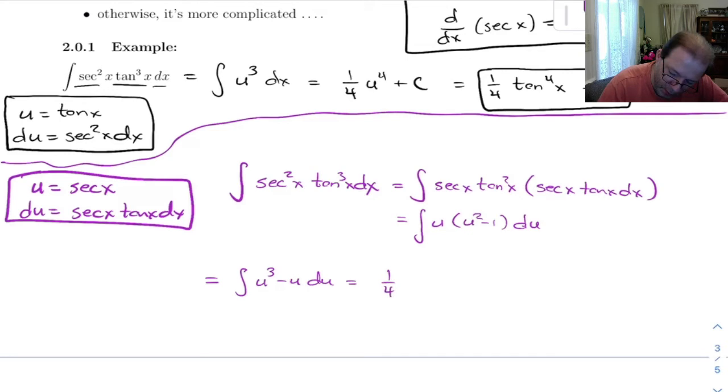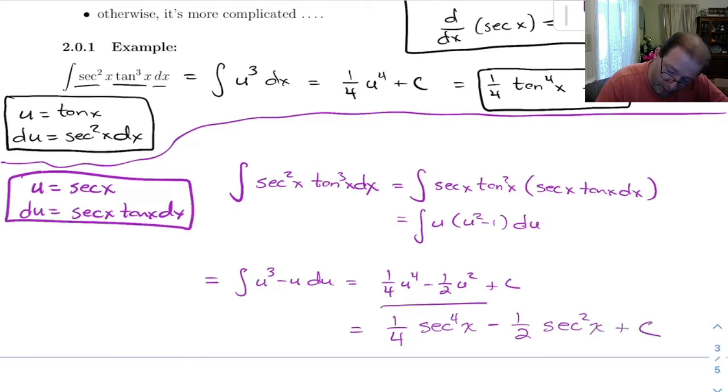So that's 1/4 u to the 4th minus 1/2 u squared plus c. That gives me an answer of 1/4 secant to the 4th minus 1/2 secant squared plus c.